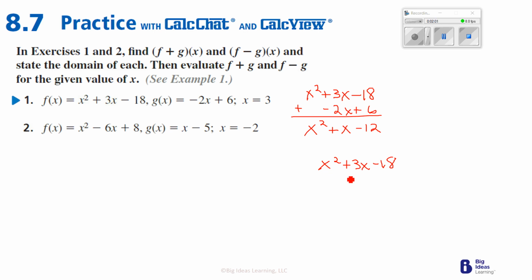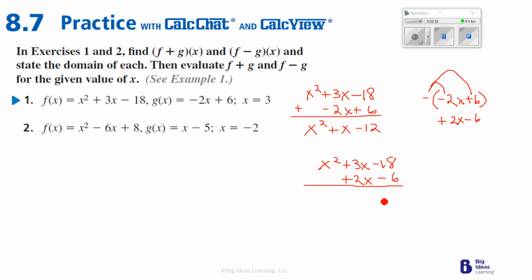So this will now be a positive 2x and a negative 6. I don't know if everyone remembers that. You have a negative in front, so this is negative 2x plus 6. That means all the signs will become the opposite. They're actually adding. Negative times a negative is a positive. Negative times a positive is a negative, right? That's where we got this right here.